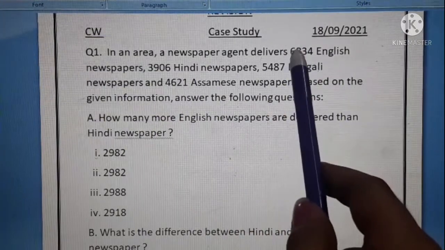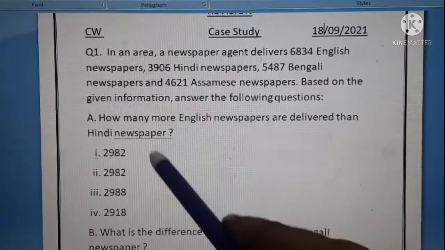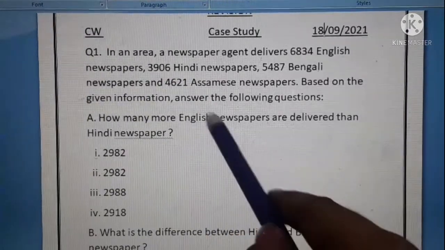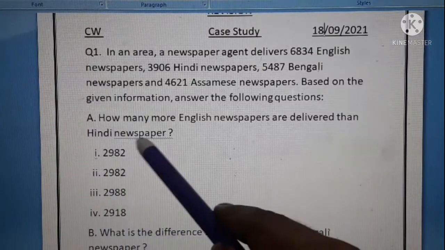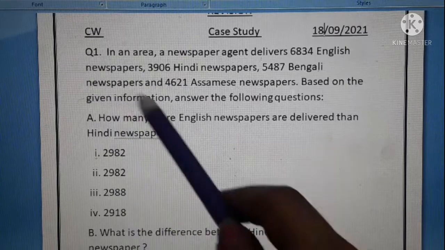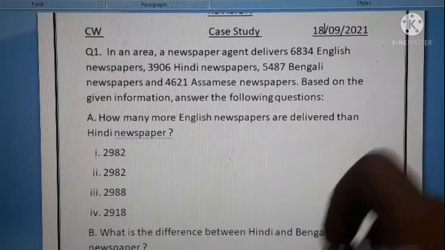You subtract the Hindi newspapers from the English newspapers. Whatever difference you get, that many more is the English newspaper. So you do it yourself and choose the correct option. Okay, try these questions yourself and I will share the answer after some time.